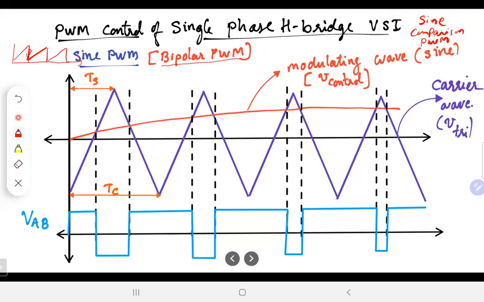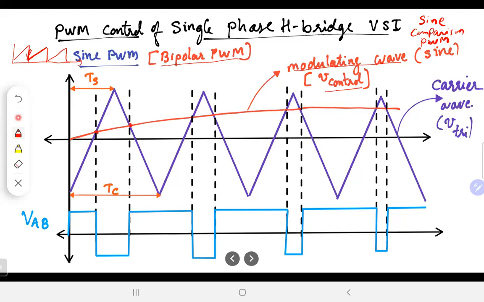We have two things. One is a modulating wave, which is a sinusoid in this case. We call it V control. If you recall the H bridge with DC to DC conversion, we use the same notation, V control. And we have a V triangle, which is the carrier wave for us. Now, what we have to do is compare which is larger at what point.